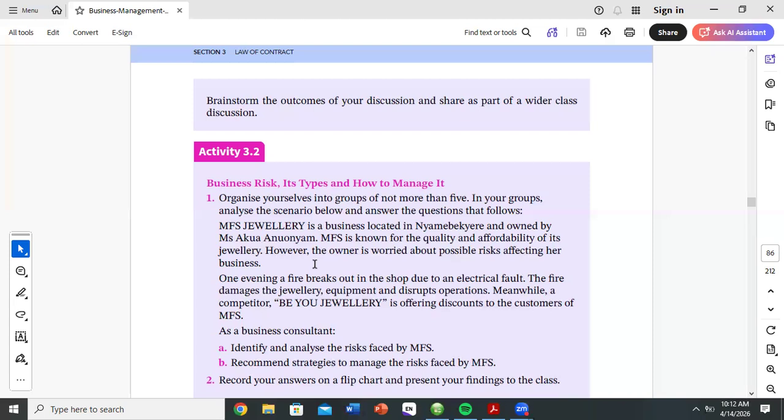And of course, strong internal controls too would have helped if they were really checking their control systems. They would have realized that there's an electrical fault here, and quickly they would have solved it. So it seems MFS had a weak control system. People were not checking on certain things.